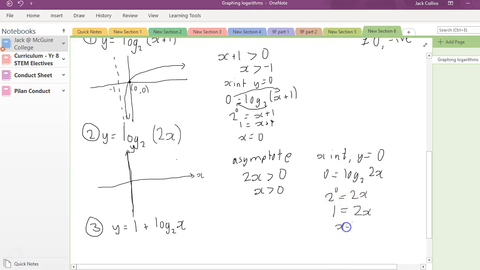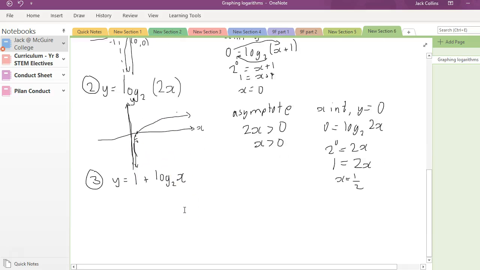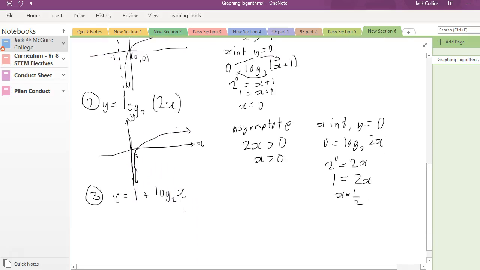So therefore x is equal to a half. Okay, so that's actually shifted the intercept. So it's increasing quite swiftly there, and then it plateaus as it goes more. So increasing at a decreasing rate for you there. Cool. All right, so that was that one.